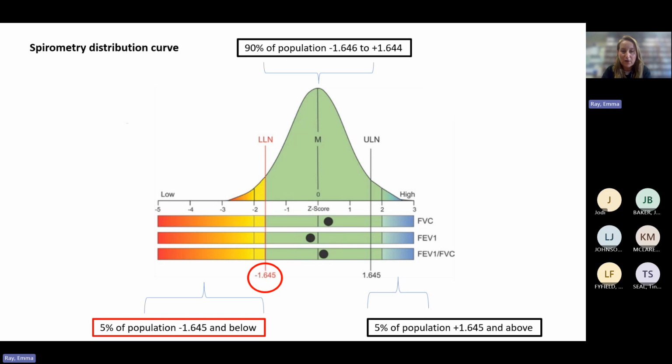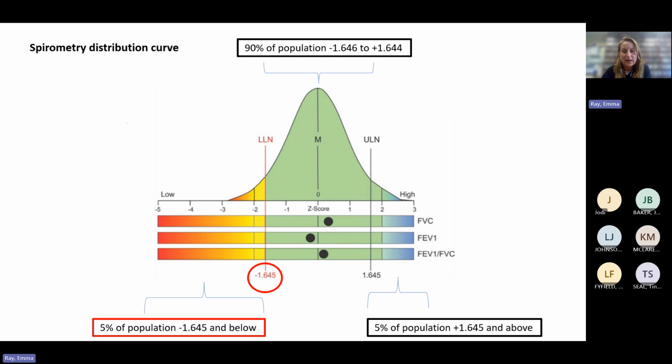That's where that minus 1.645 comes in, that magic number. You can see there's a scale there on the bottom. If you go down from minus 1.64, anything from there is abnormal. And you can see on the right there, you've got FVC, FEV1 and your ratio, so your FEV1 over FVC.